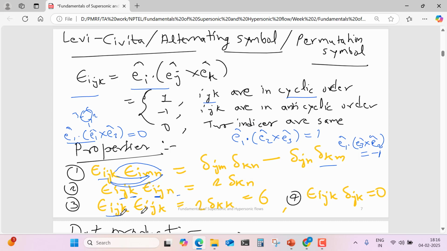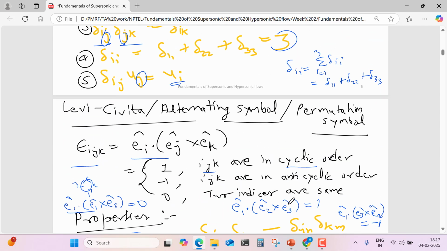If all three indices are the same, then it will become equal to 6. You can put n equal to k directly and you will get del kk equal to 6. And if epsilon ijk is multiplied by del jk, then it will become equal to 0. These properties can be used whenever we are using vector multiplication or tensor into vector multiplication.